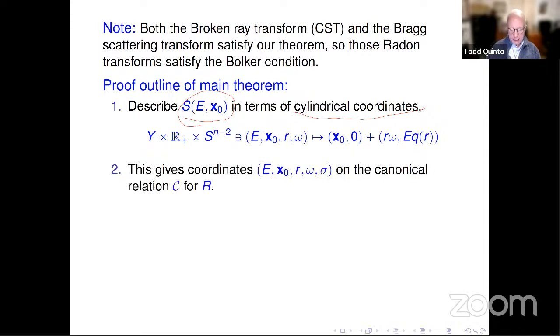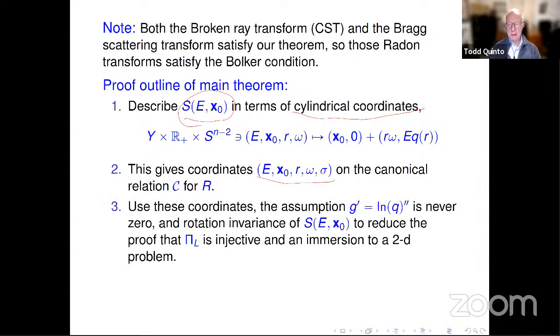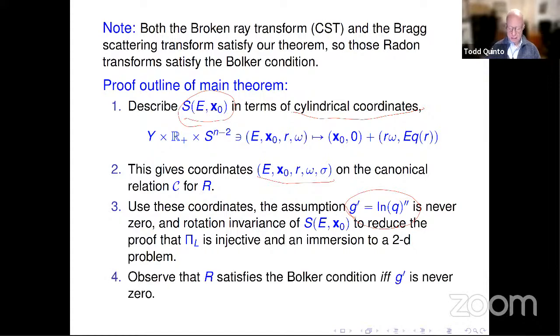Then you get coordinates on the canonical relation, and those coordinates allow you to learn whether pi_L is an injective immersion. And we use the fact that G prime is never 0, and it reduces to a 2D problem related to G. And I said if and only if because we just observe at the end that our proof is if and only if. Good.